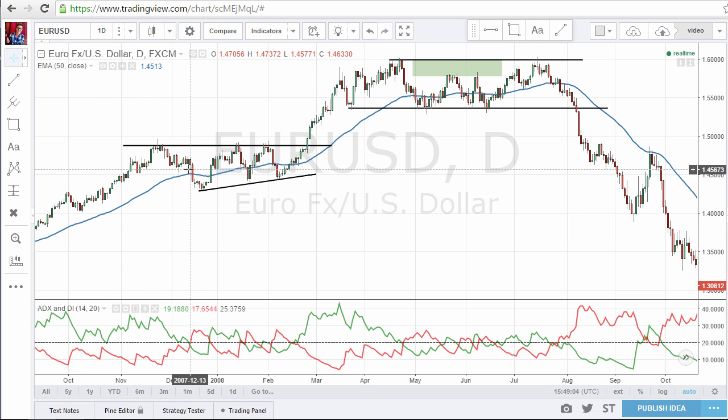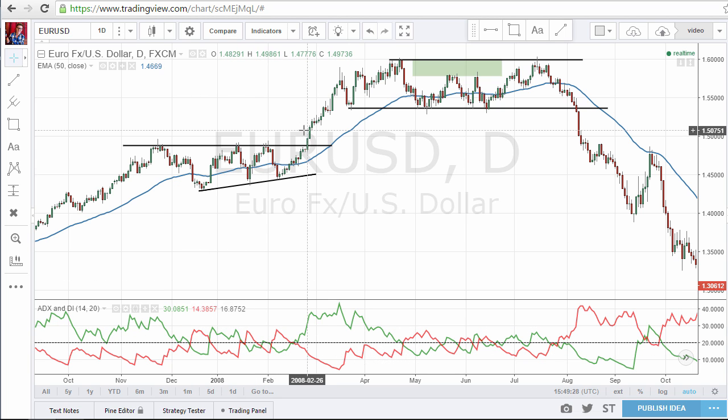Then here, once price broke the moving average, the lines from the ADX, which are called DI plus and DI negative, also crossed. And then once we were in this range, you can also see that the ADX was fairly low. They kept crossing each other, and so you did not have directional information.